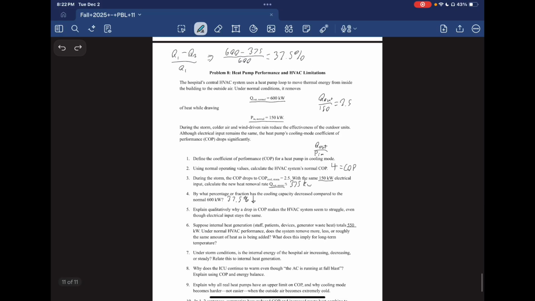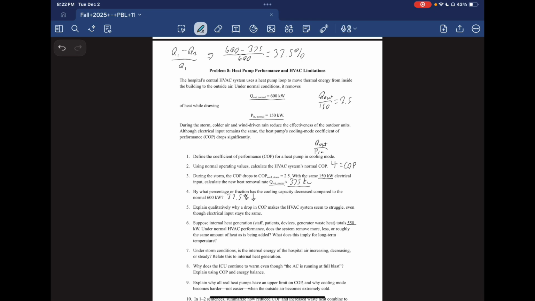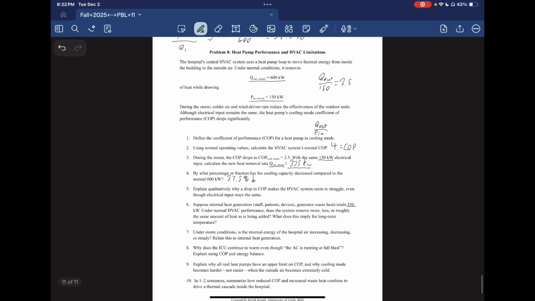Well, under storm conditions, we have 375 kilowatts being taken out and 550 being produced in the system. So it's going to increase. There's not enough coming out. More heat is being added than removed. Internal energy and temperature is going to increase over time.